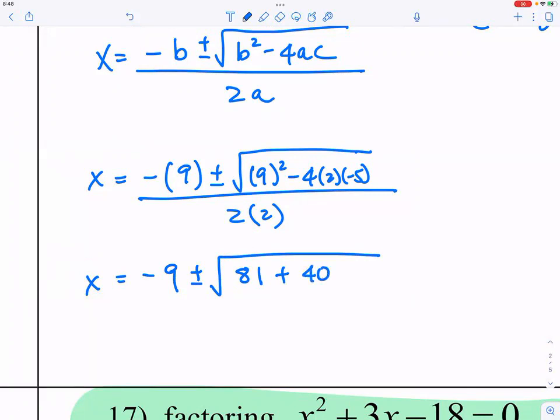Well, there's a minus, and then there's a minus right here. So minus 4, and then you have negative 5, negative times negative, positive. Did you write down the negative 5? Okay. And all over 4.